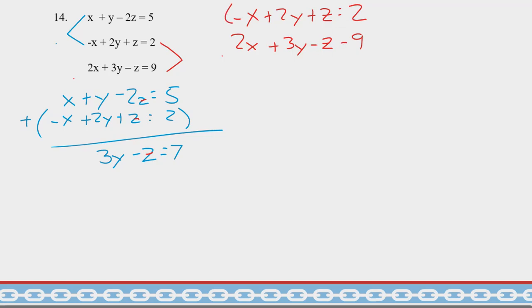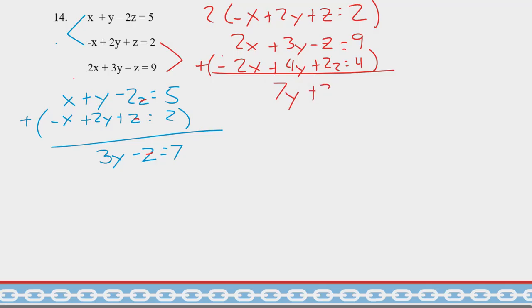Right, if I multiply this whole equation by 2, that gives me negative 2x plus 2z equals 4. Right, and then my x's will cancel if I add. 2x plus a negative 2x is 0x. 3y plus 4y is 7y. Negative z plus 2z is plus z. And then that would equal 13.